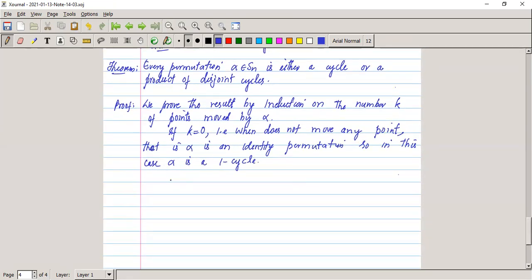Now assume that k is positive, so the given permutation alpha moves at least one point. Let I1 be a point moved by alpha.